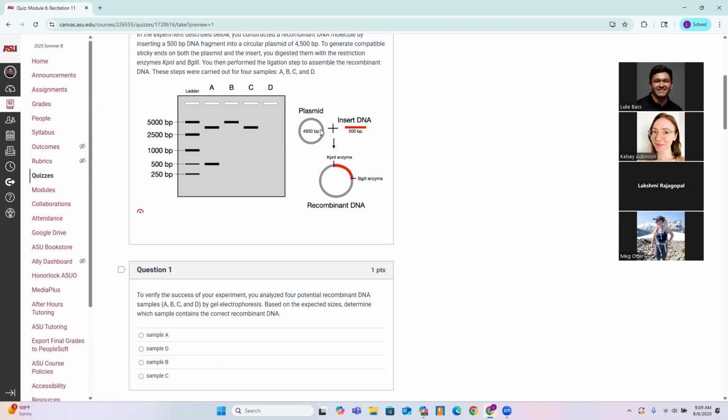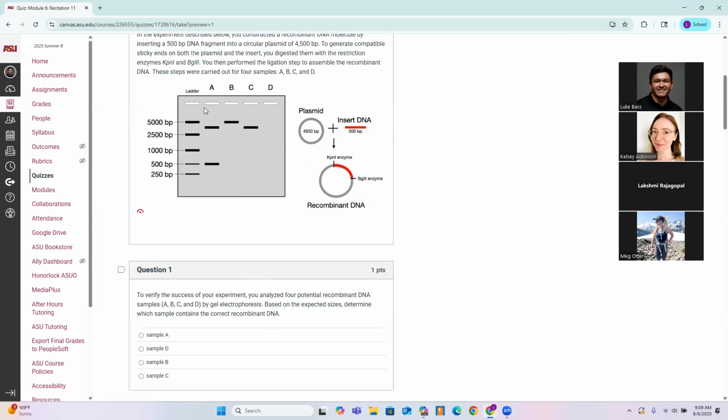Hypothetically, the plasmid plus the 500 base pair insert will be 5 kilobases, which is what you see in sample B. There are technically two ways of validating that you have the right product. You could run it uncut, completely intact, which is sample B, and that is the answer on our key.